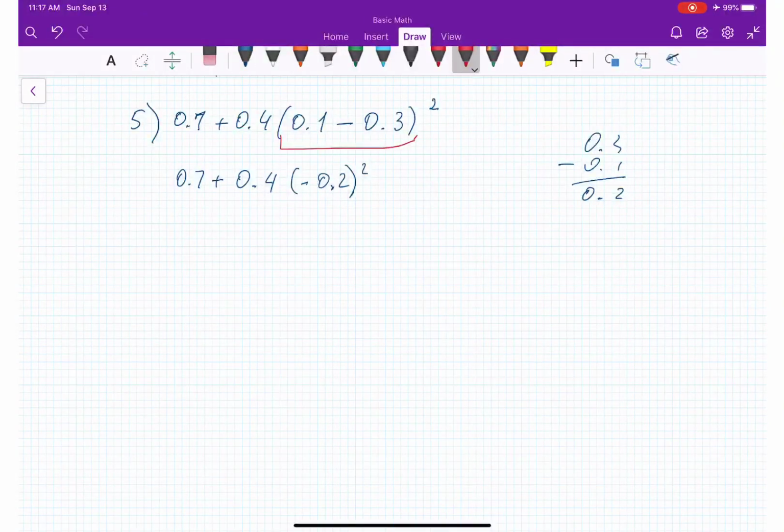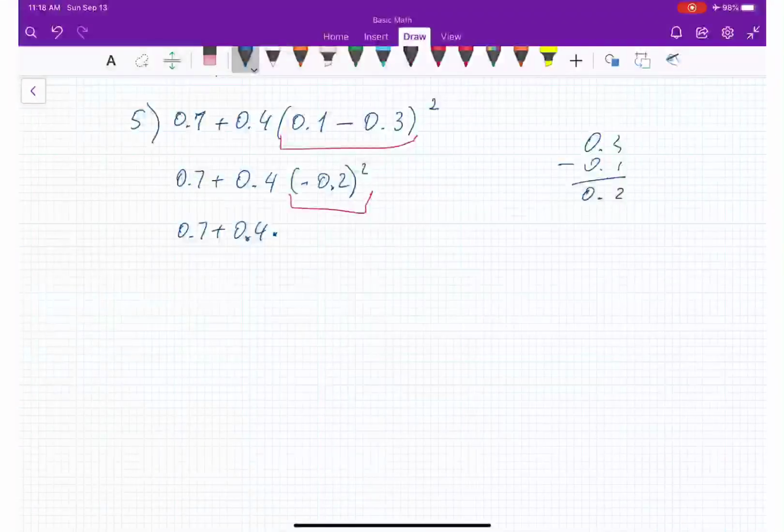Next I'm doing the square. 2 to power 2 is going to be 4, right? So here we have one decimal, and then 0.2 times 0.2 will be total 2 decimals.